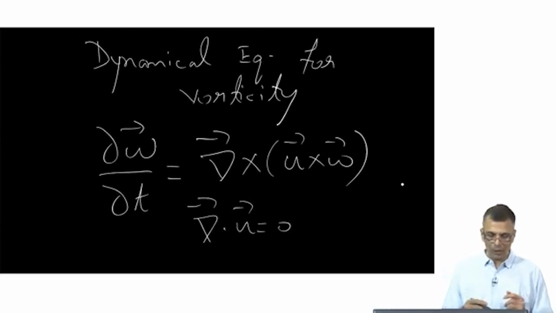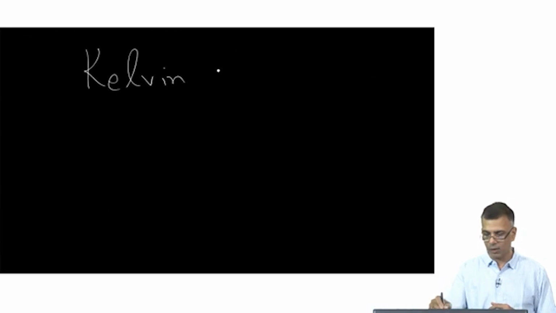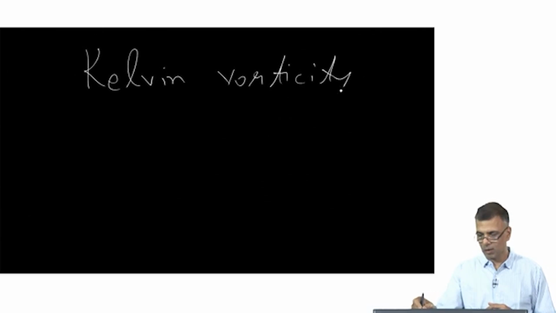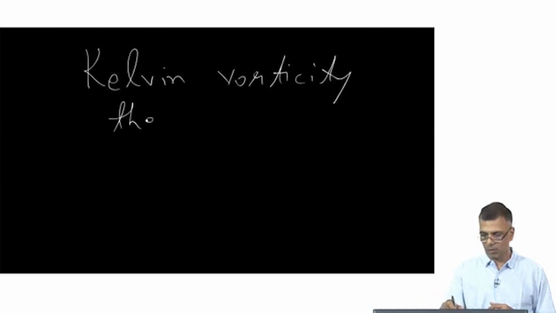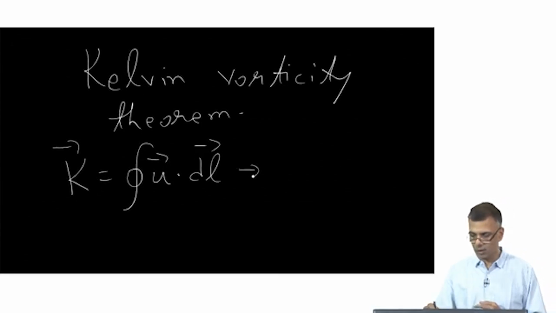And from here on, we will discuss what's called the Kelvin vorticity theorem, which essentially says that there's this quantity that we'll specify, which is called K, the circulation.